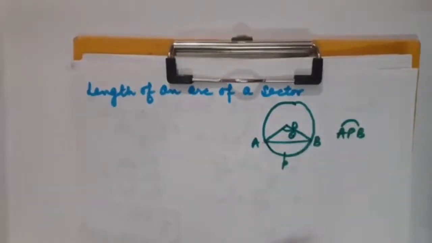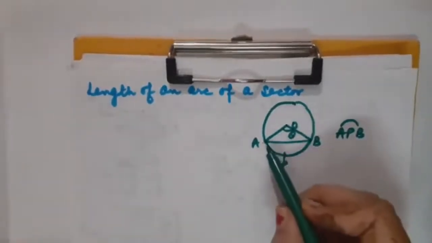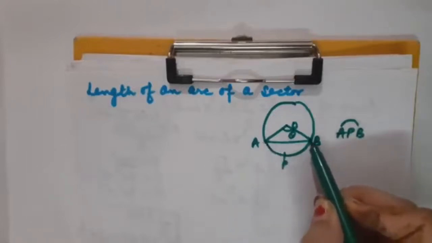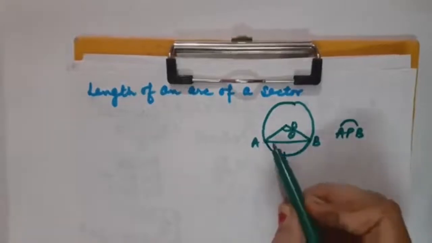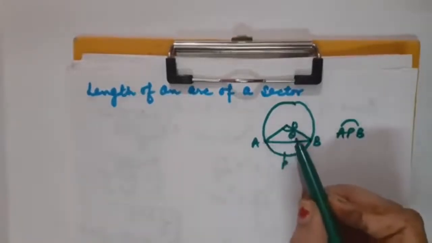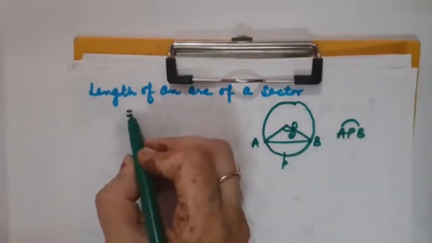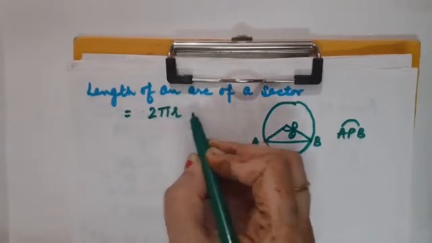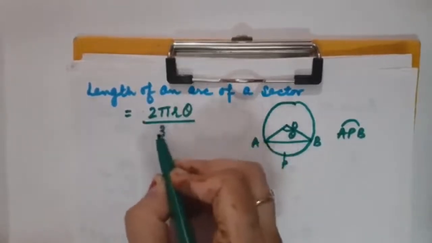So what is to be done, children? How to calculate? This is nothing but some part of the circumference of the circle. So how do we calculate the length of the arc of this corresponding sector where the angle is theta? For that you will use the formula 2 pi r theta upon 360 degree.